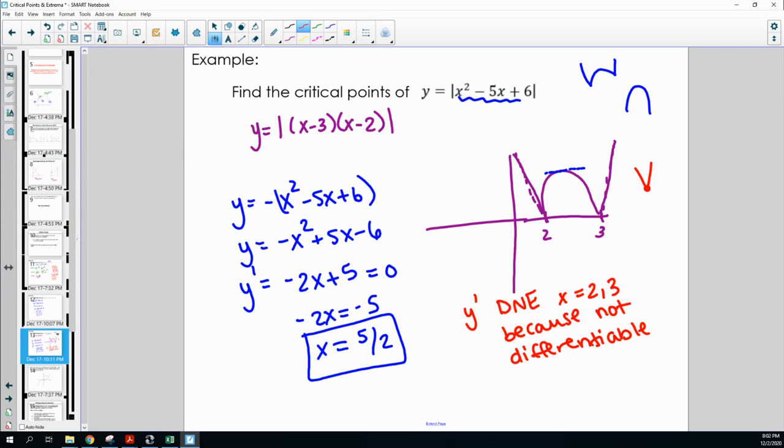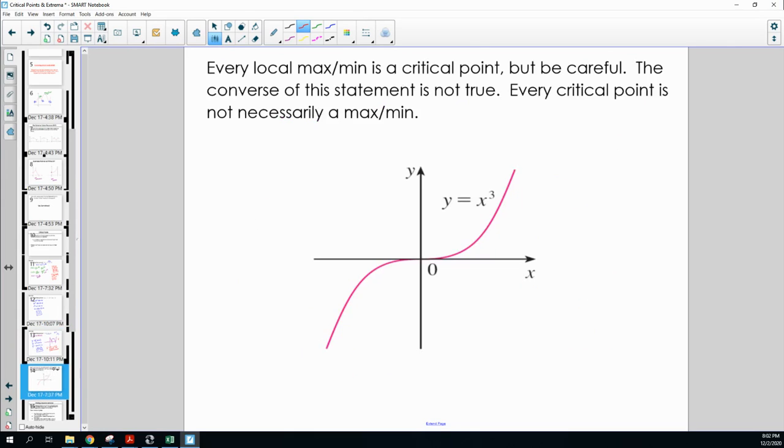And the derivative is equal to 0 where we have a horizontal tangent line, and we can see that that's on the negative version of this function. Every local max or min is a critical point, but be careful because the converse is not true. Every critical point is not necessarily a max or min.